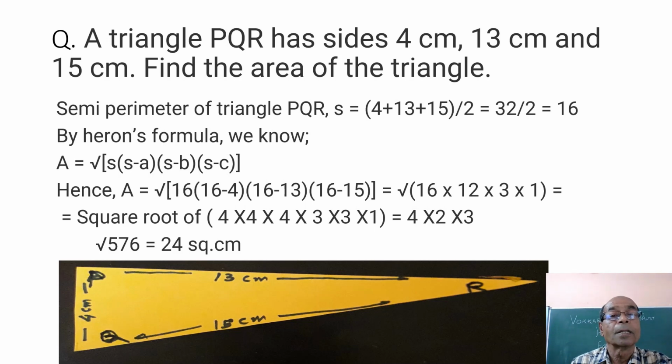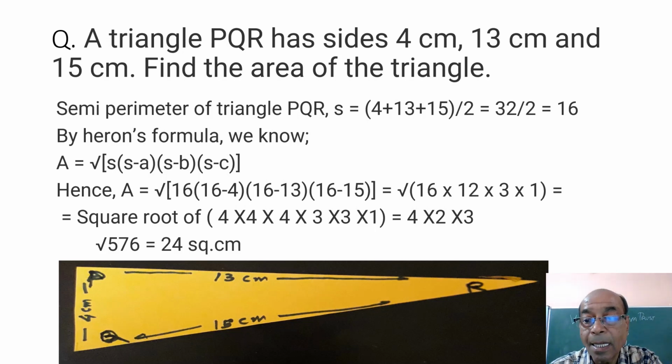Therefore, the square root of 4 by 4 by 4 into 3 into 3 into 1 is equal to the square root of 576, which is equal to 24 square centimeter. So the area of this triangle is 24 centimeter square.